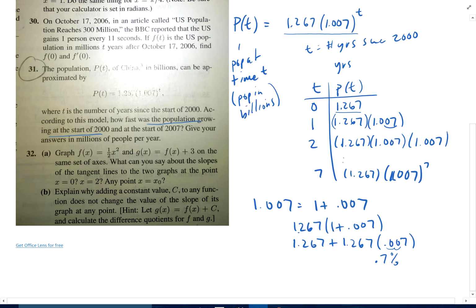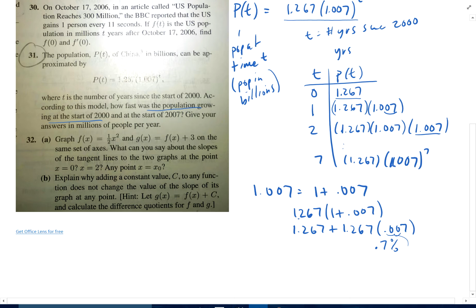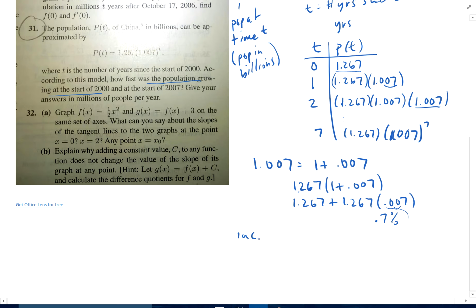So it's increasing by 0.7% each year, because each year I'm multiplying by 0.7% and then adding the original amount to it. So if I start with 1.267 and I multiply it by 0.07, what is that going to give me?